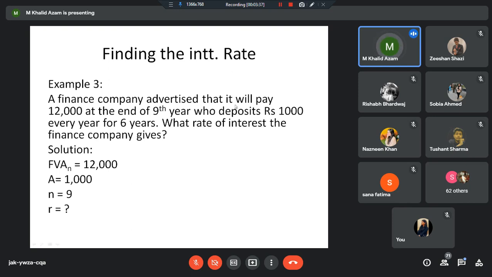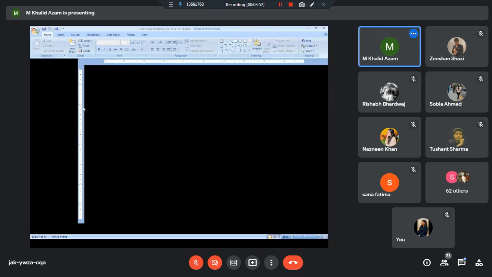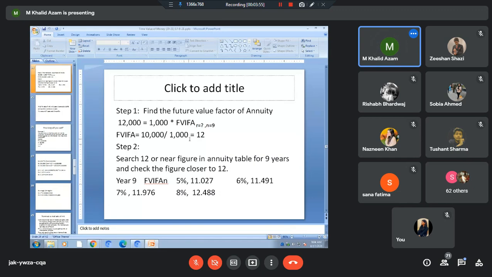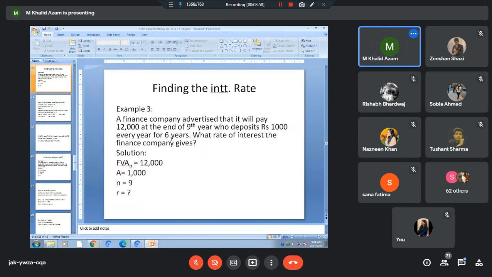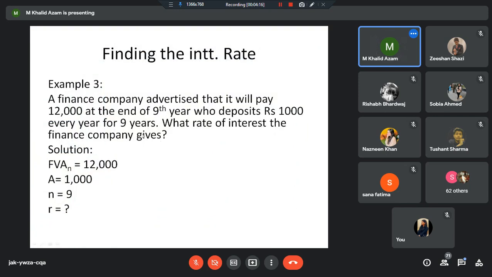The finance company advertised that it will pay 12,000 at the end of the 9th year, to those who deposit 1,000 every year for 9 years. What rate of interest does the finance company give?